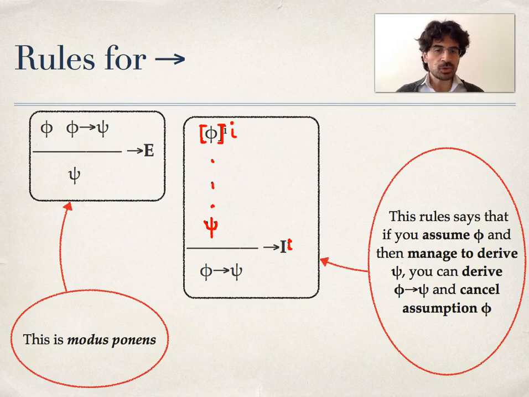Now once you do that, it's important to understand that the starting assumption phi is being cancelled, and so you can also cross it out because it's no longer an assumption. The assumption has, as it were, been discharged and incorporated as the antecedent of our implication.